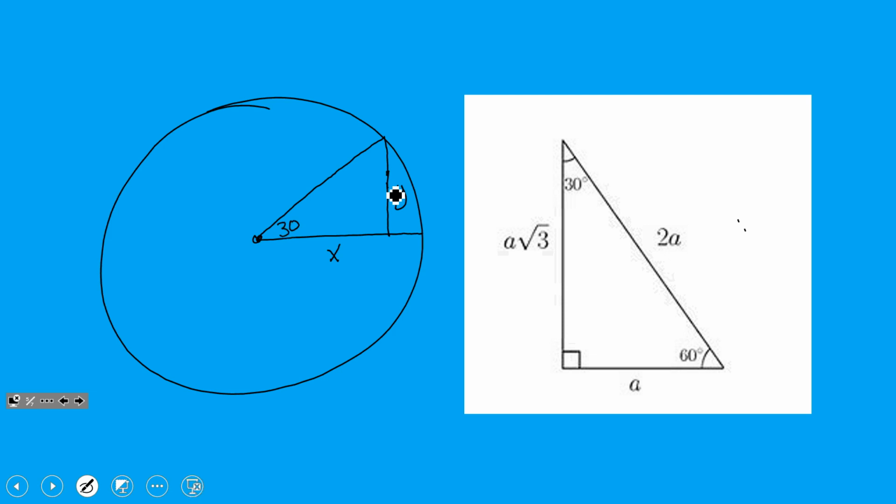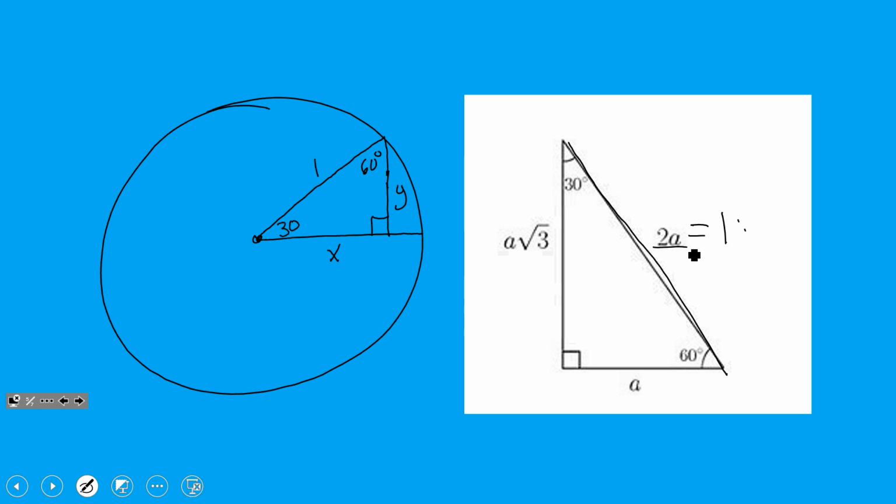All right. So, this is a right angle. What would this angle up top be? 60 degrees. Okay. What's the measure of the hypotenuse? 1. Okay, so now let's think about this. We know that this hypotenuse, if it's a unit circle, is going to be equal to 1. Correct? So, how can I figure out what A would be?